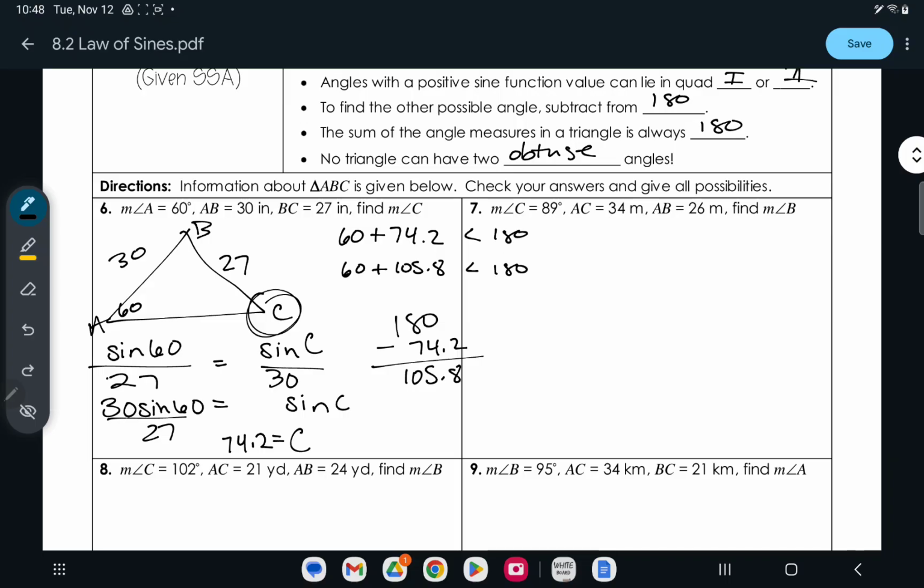Let's see, 60 and 70 is 130 something, so that works. And 60 plus 105 is 165, so that's also under 180, so that can work. So we have two answers, 105.8 and 74.2.